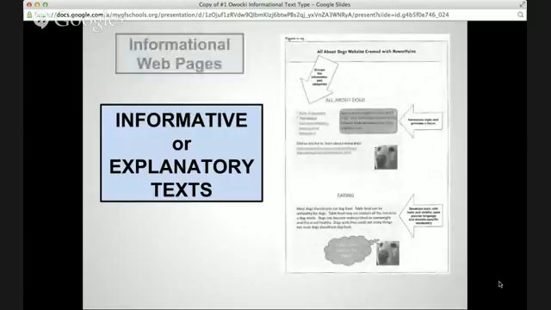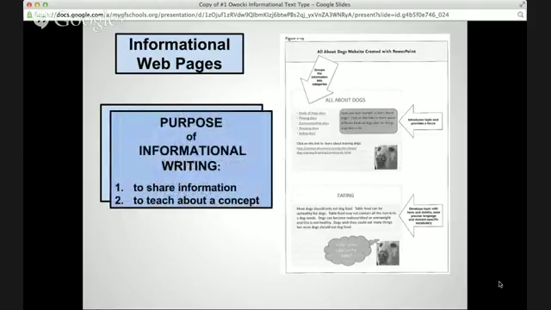Here's a digital resource that we haven't had traditionally, informational web pages created through PowerPoint. When kids have a good background of the Common Core writing standards, this could be taught even in third, fourth grade. So we're going to be seeing some things that are familiar, and then some new things for you. But all of the informative explanatory texts have that purpose to share information and to teach about a concept.